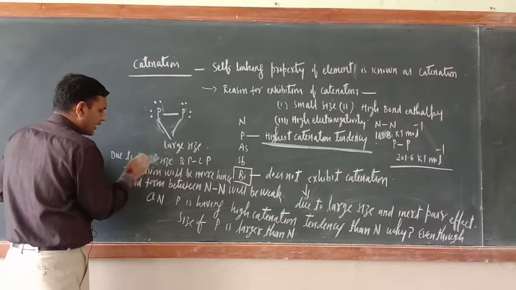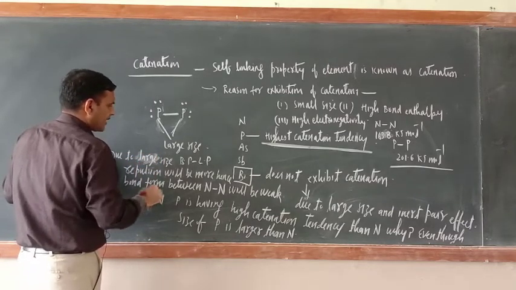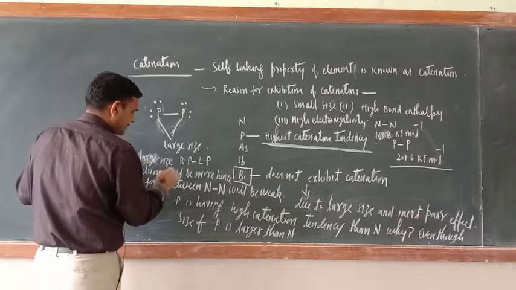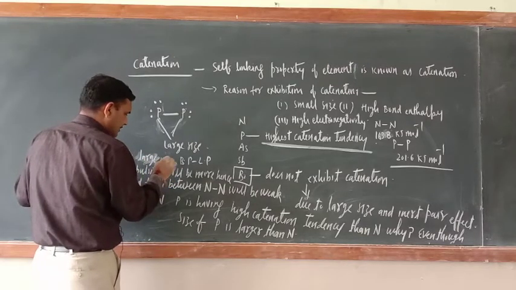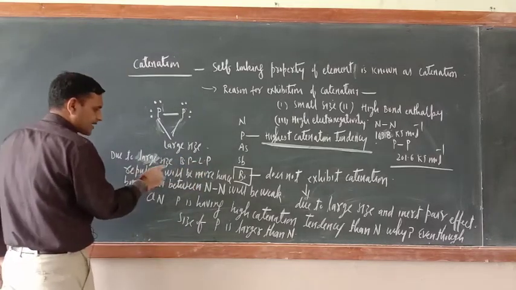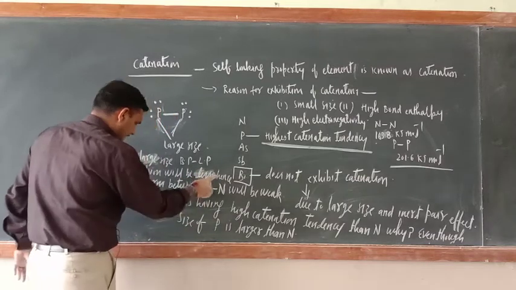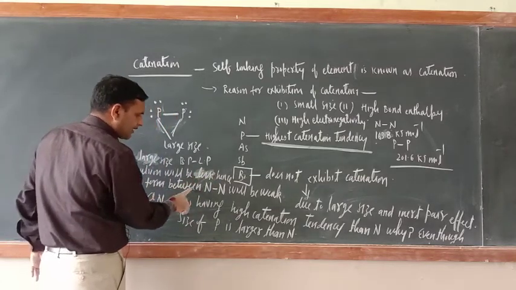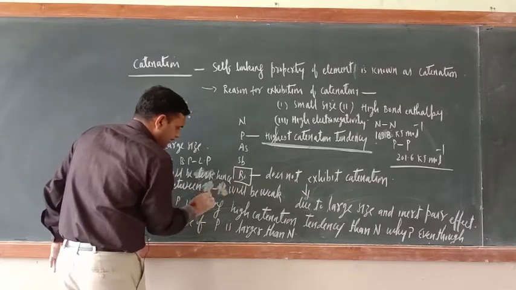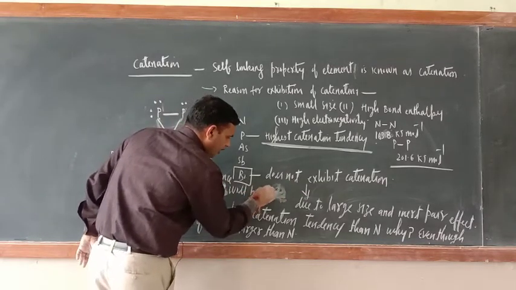Due to large size, bond pair lone pair repulsion will be less. Hence bond formed between, here just you write, phosphorus and phosphorus will be strong.